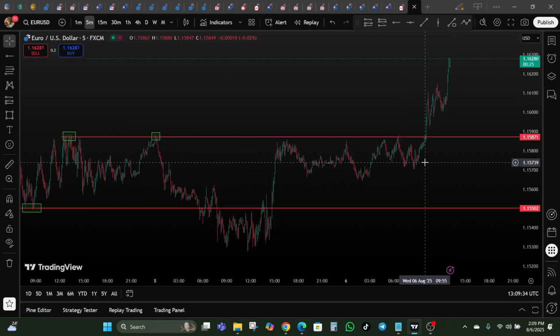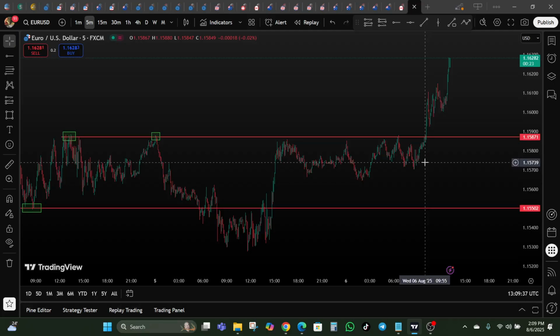You can enter on the close of the confirmation candle, or maybe wait for a break and retest of structure on the 5-minute chart. Then for your stop loss, if it is a sell trade, let's say you get a fake out to the upside, you can set your stop loss just above the wick of that candle.